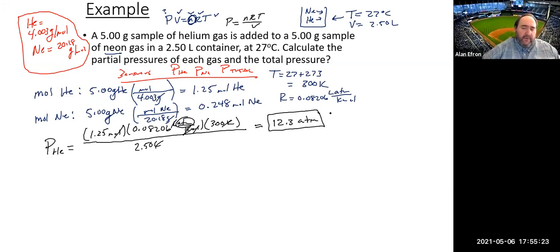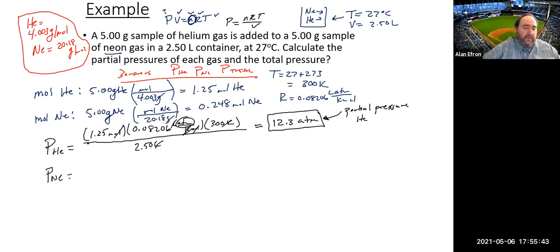This number represents what is known as the partial pressure of helium in this mixture. We would do pretty much the same calculation for neon.